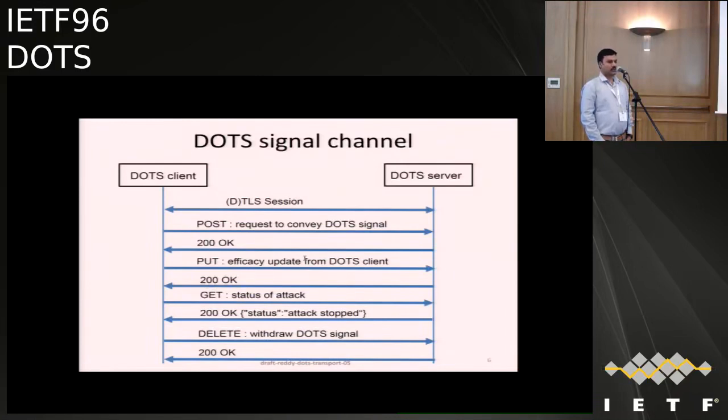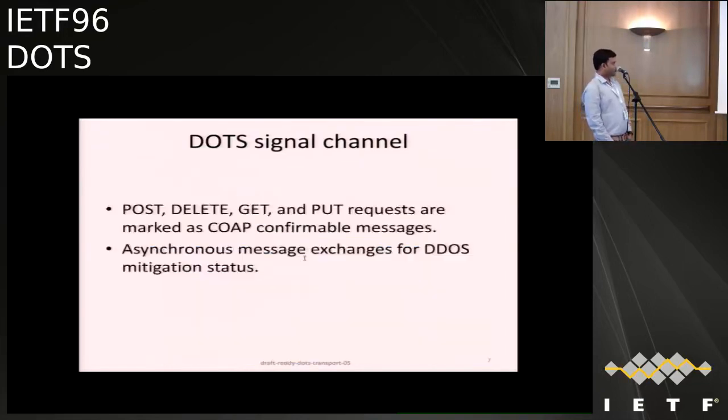And in case the client has received the 200 OK and the server keeps sending it because it has not received the ACK, then the client can send a CoAP reset message to say, hey, I have already received the 200 OK, and you can stop sending the 200 OK response.